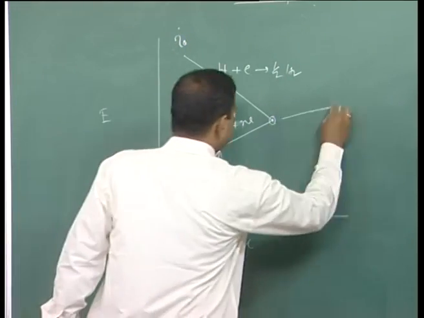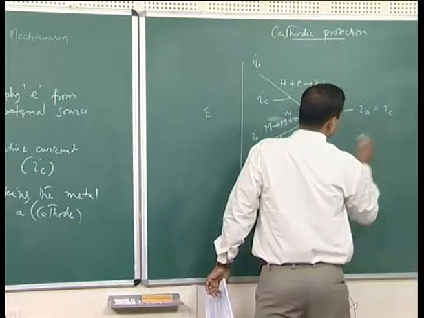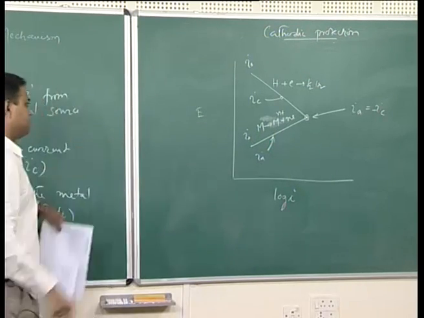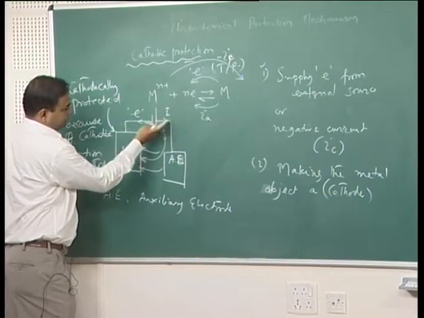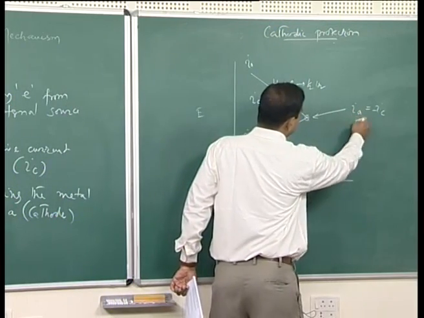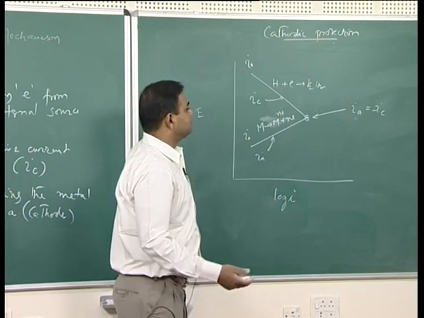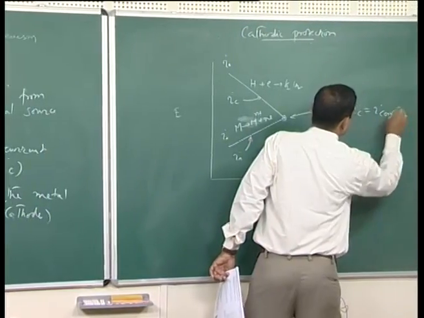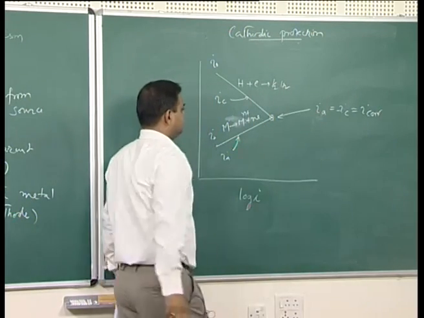And at this point I a equal to I c with a negative sign, because these two currents are having opposite direction. Here this is I c direction and this is I a direction. So, at this point the magnitude of these two currents will be same with an opposite sign, and this is equal to I corrosion. So, small I a is nothing but I corrosion at this point.